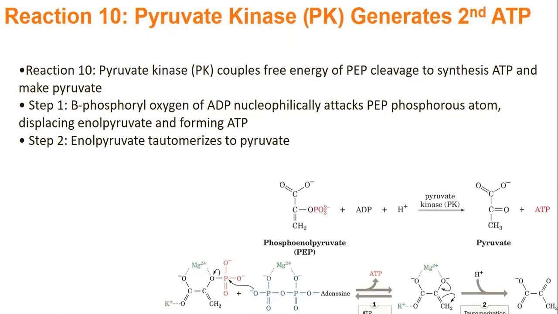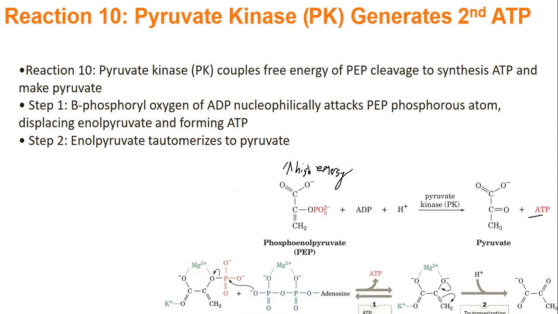And that's being shown here. Pyruvate kinase, lovely name. Pyruvate is the molecule. Kinase, I'm working with phosphates. So PEP, very high energy. We're going to use that high energy compound to make ATP. So we cleave that phosphate, put it onto ADP, and make our ATP.